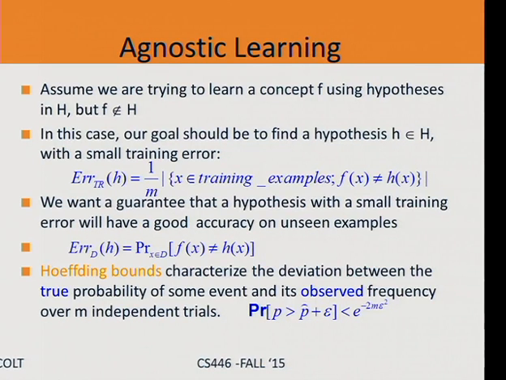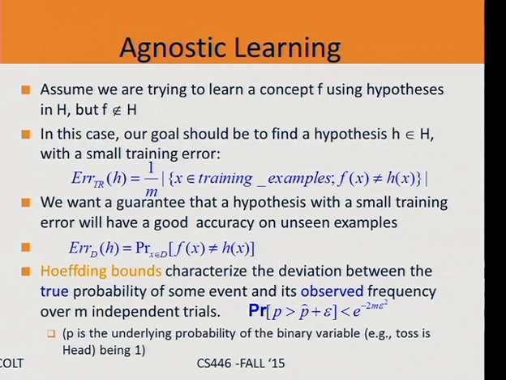You would expect that it would go down as a function of M, and of course as a function of epsilon. The question is how fast it's going to be. The answer: exponentially fast. So really, think about it as P being the underlying probability, the biased coin, and P hat being what you observe. And that's exactly what we're going to use here.